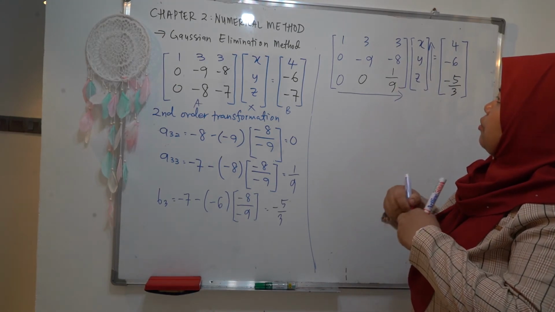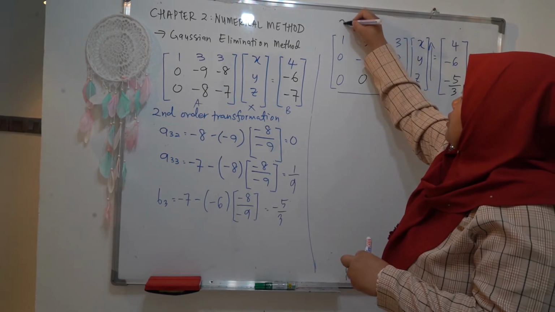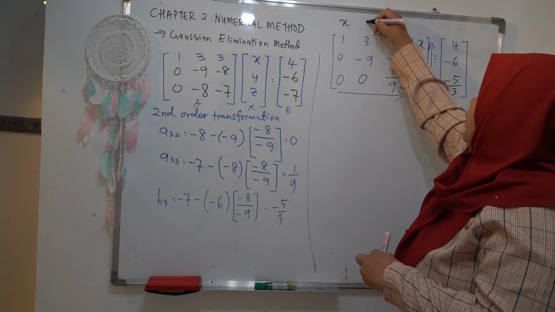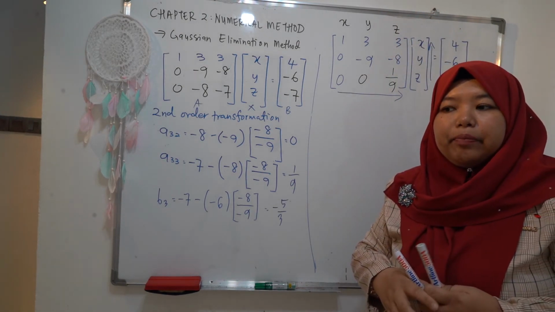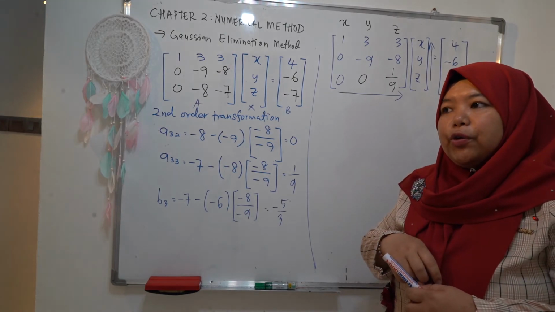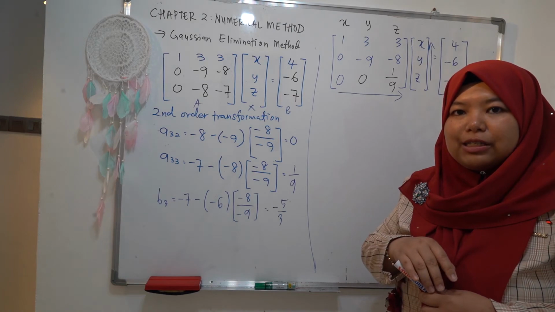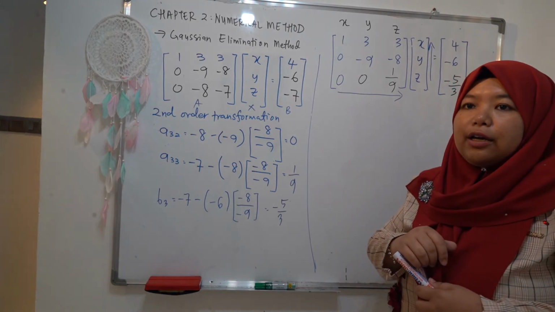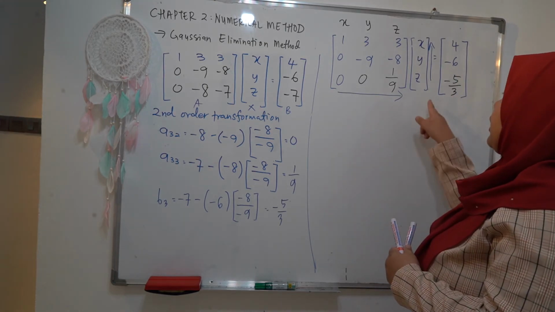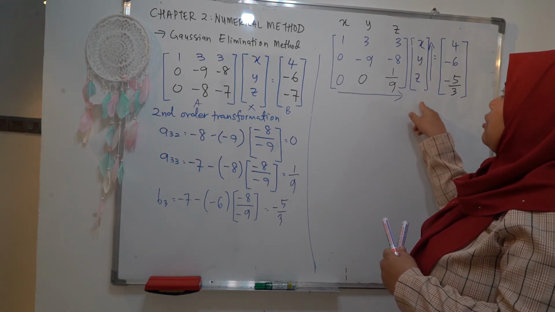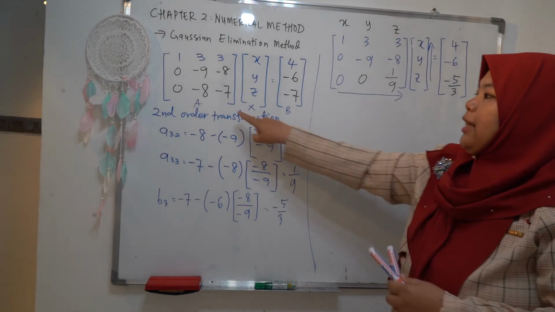To make sure you are not confused, I just write x, y, z on the top of the matrix. Actually, it is the same. If you understand the concept of the multiplication of two matrices, it is good. If you want to avoid confusion, you can do like me and put x, y, z on top of matrix A.